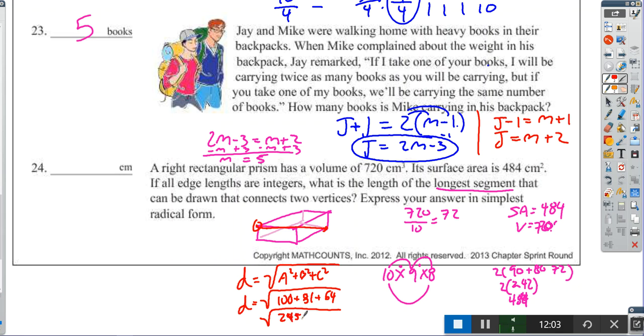But I know it ends in a 5, so I'm going to take a stab in the dark. I'm going to divide this by 5. 5 goes into 24 4 times, and carry the 4. 5 goes into 45 9 times. So square root of 49 times the square root of 5 will equal the square root of 245. Square root of 49 is 7. I can't do anything with square root of 5. And so my answer is 7 root 5.